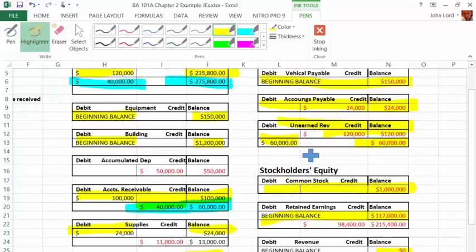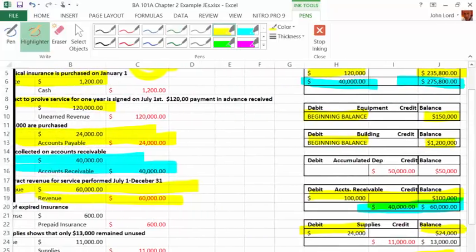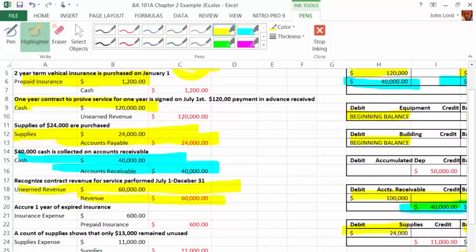Anything else now that we have to worry about? Let's see. Oh, okay. That insurance. We bought the insurance on January 1st, I guess, for the full 2 years. It was $1,200 when we bought it. So now we have used up half of it by the end of the year, haven't we? Right?